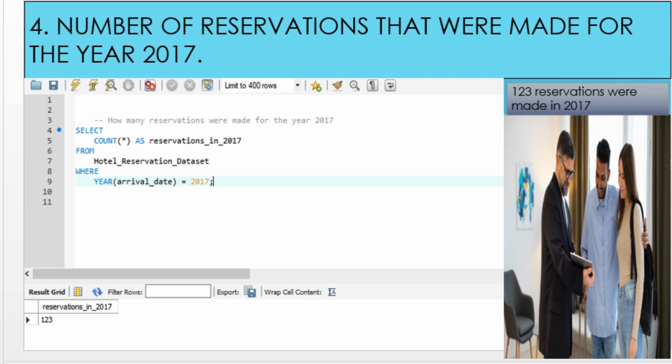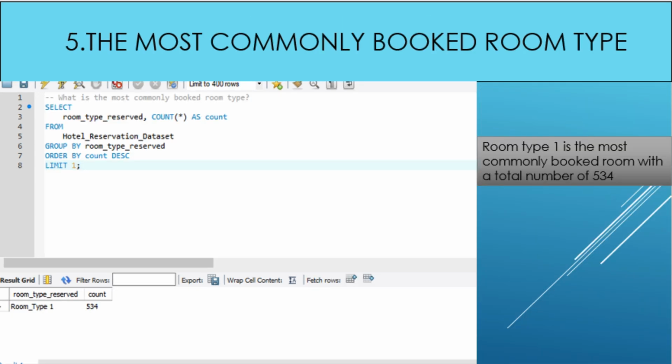The next was the number of reservations that were made for the year 2017. And after running the analysis, we had 123 reservations that were made in 2017. And then the next was the most commonly booked room type. The most commonly booked room type was room type 1 with a count of 534.